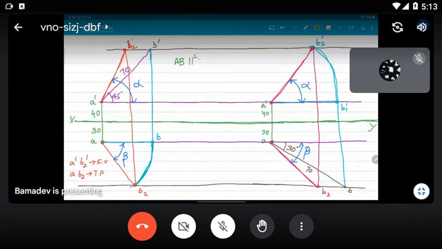It is parallel to VP and inclined by 45 degree to which plane? Horizontal plane.